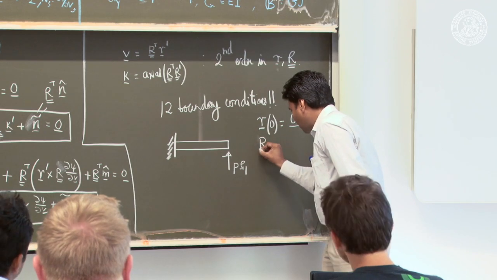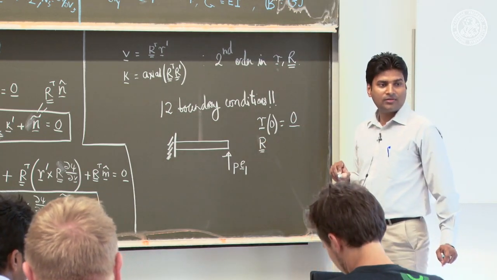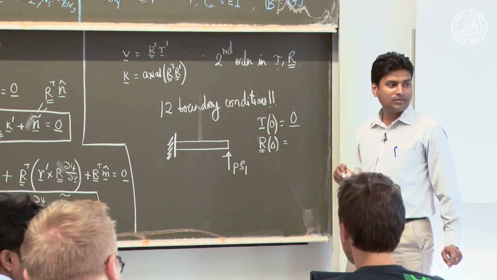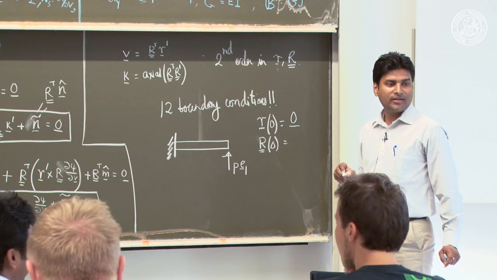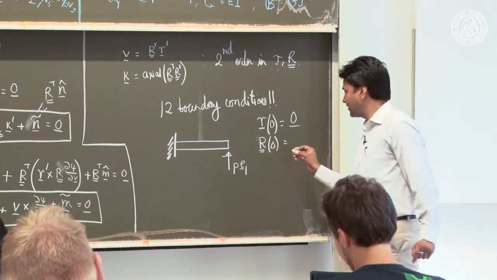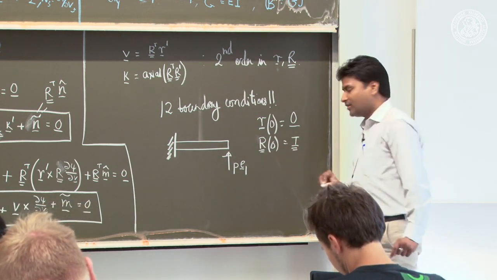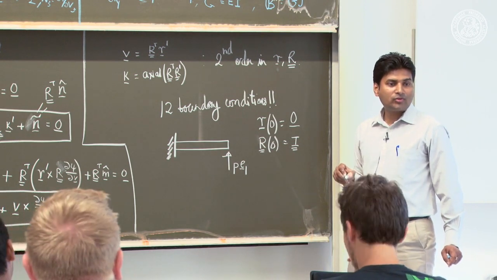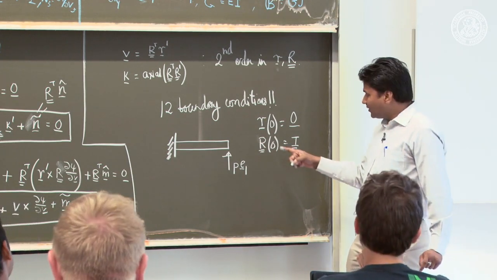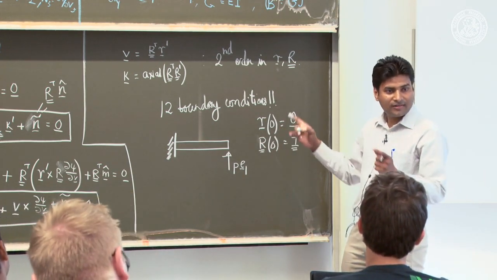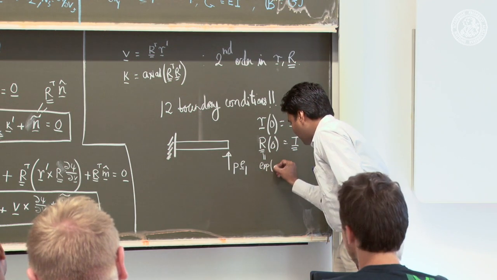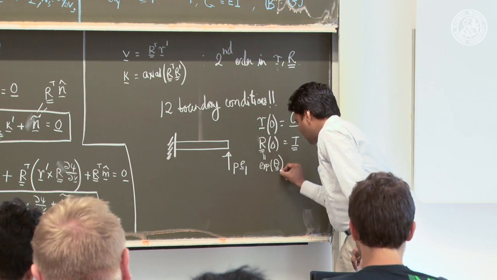What can you say about big R? The rotation at 0. It is clamped. Big R cannot be 0 ever. It's SO3, so it's identity. And if you were to write it in terms of theta, if you use theta to represent big R, then that's exponential of skew symmetric theta.